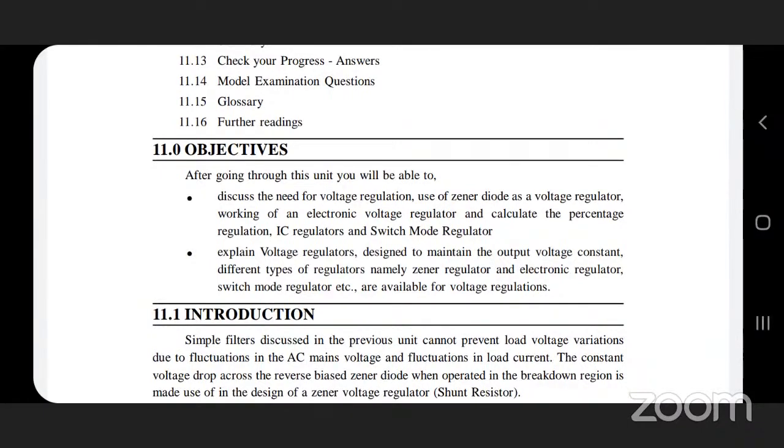In our home appliances we utilize AC supply, and there the fluctuations take place. How do you stabilize this voltage when fluctuations take place? When a higher voltage comes out, we utilize a step down transformer.